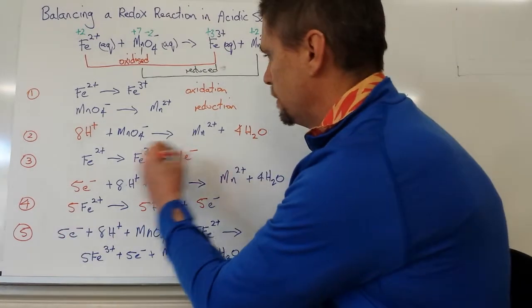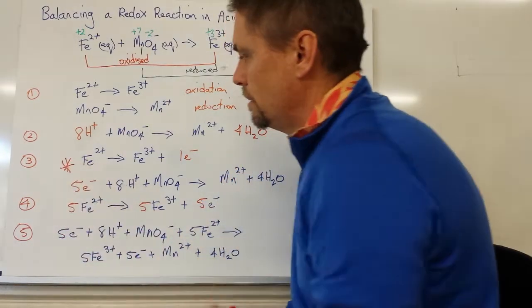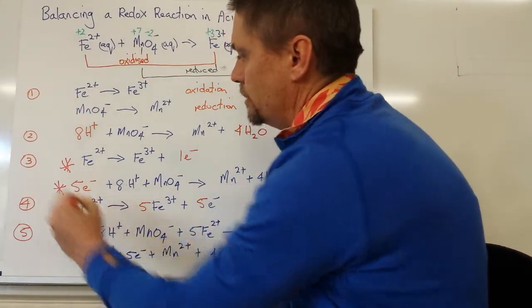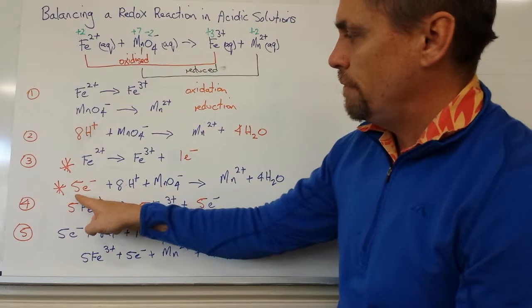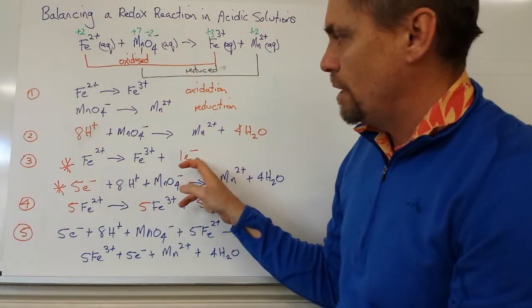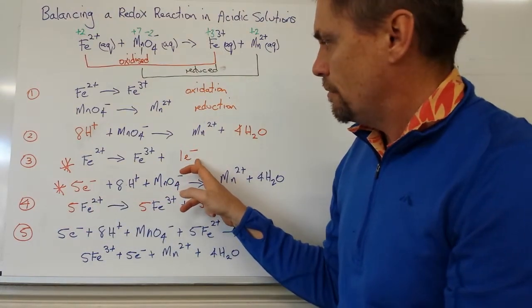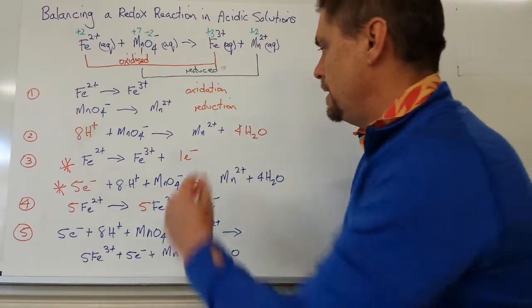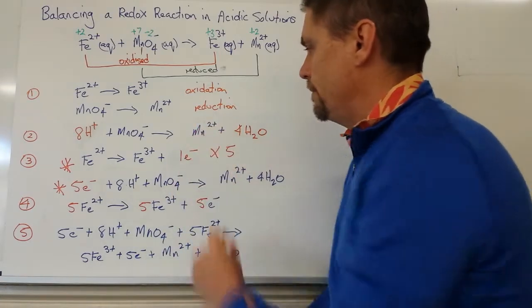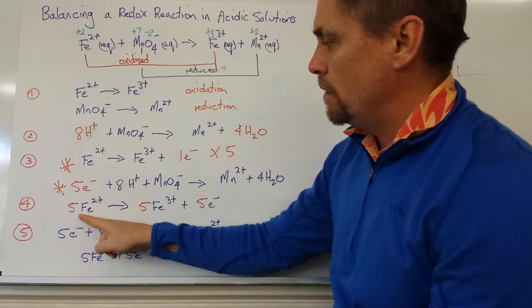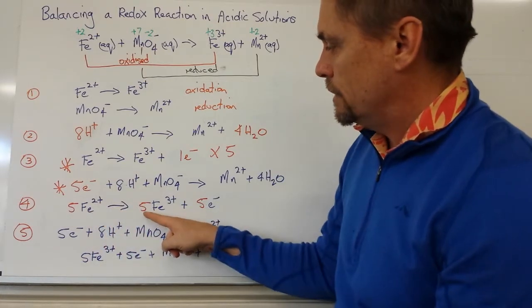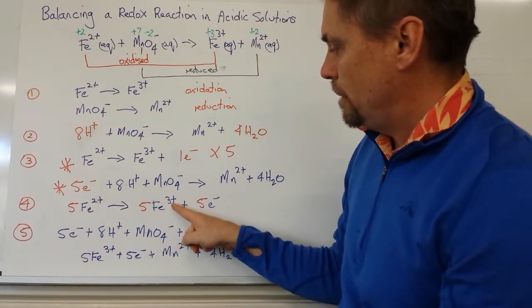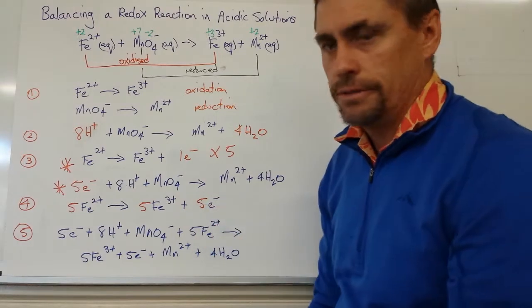So we've got 5 electrons here, only 1 electron in the first reaction, so we need to multiply this part by 5. So we get 5 lots of iron 2+ gives us 5 lots of iron 3+, plus 5 electrons.